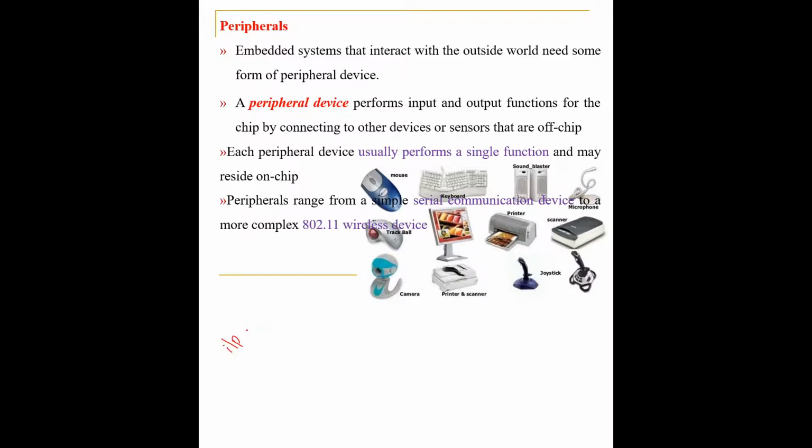The input can be given to the processor via the peripherals, or the output processed by the processor can go to the outer world through the peripherals. So the peripheral device basically performs the input and output function for the chip by connecting to other devices or sensors that are off chip. So this is your processor.